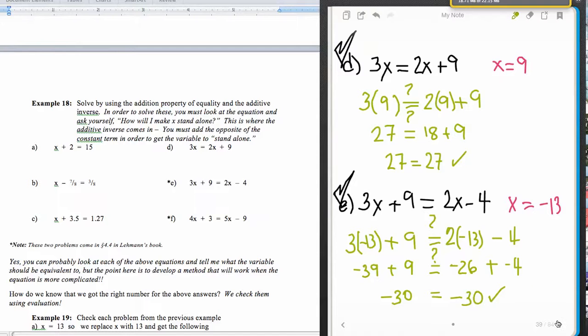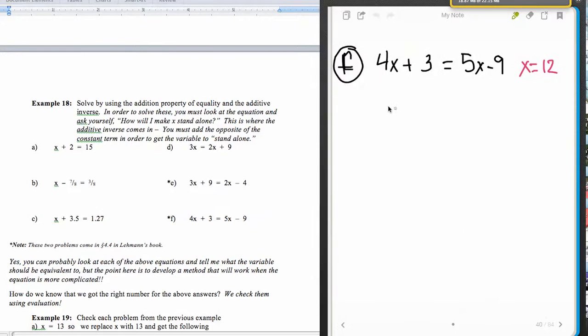And then our next problem, part F, we see 4 times whatever our value of x is, that's our 12, plus 3, is that equal to 5 times whatever our value of x is, that's 12, minus 9?